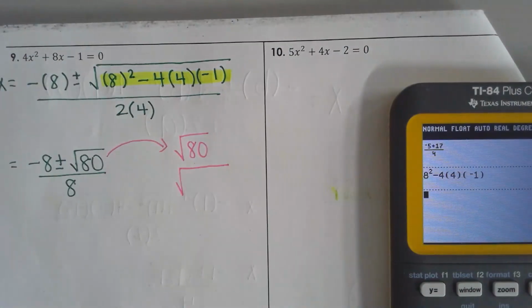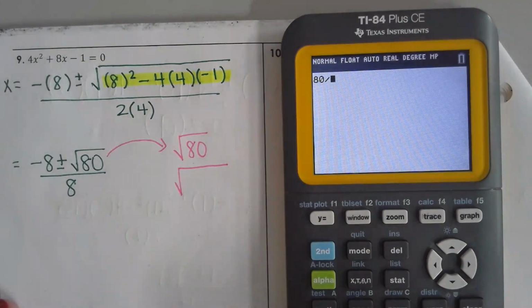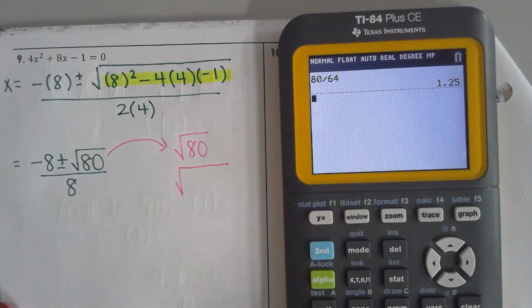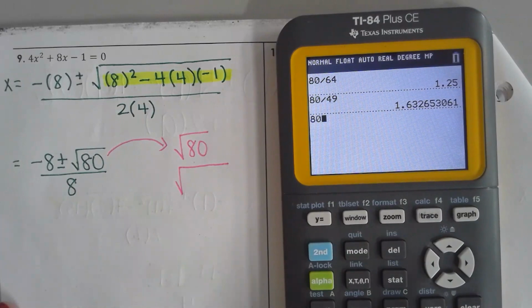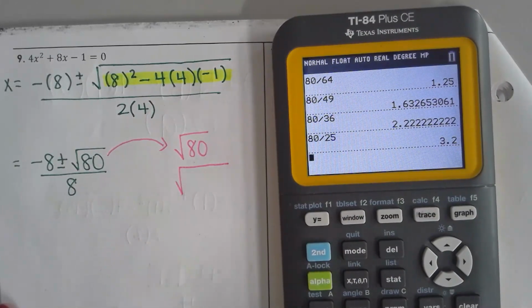We want to break it down. We want to find the largest perfect square that goes into 80. So I'm going to do like 80 divided by 64. No. 80 divided by 49. Nope. 80 divided by 36. No. 80 divided by 25. No. 80 divided by 16.